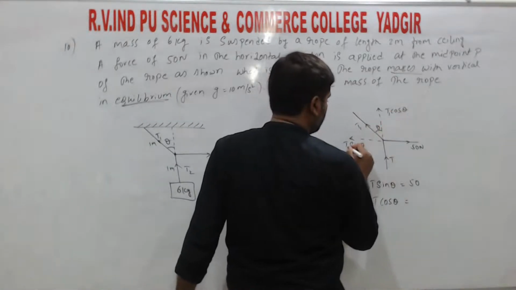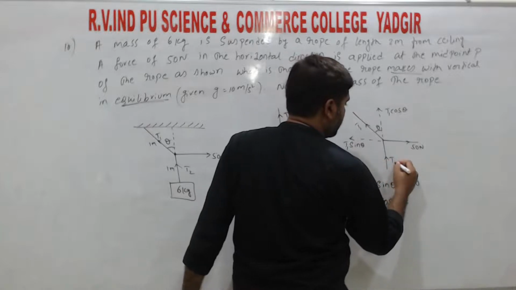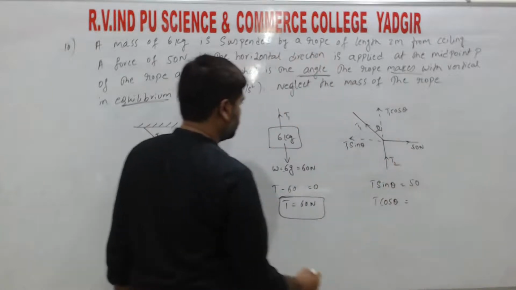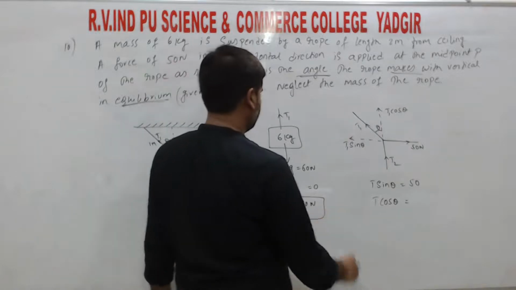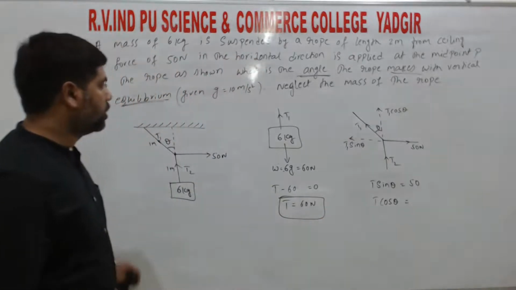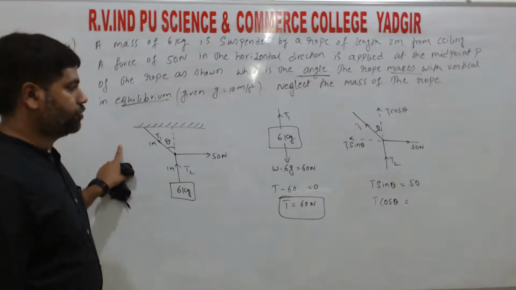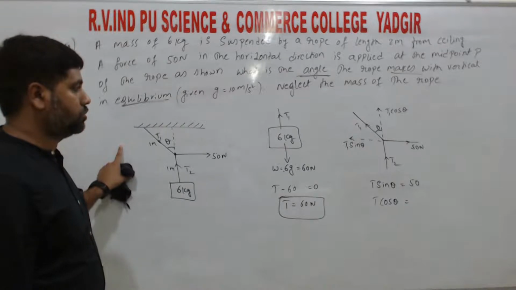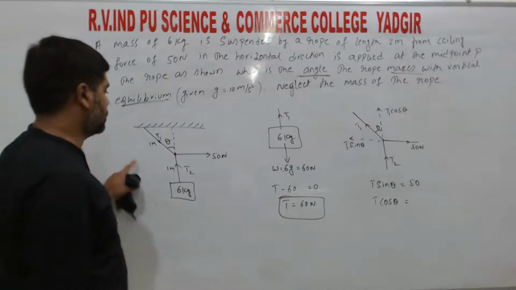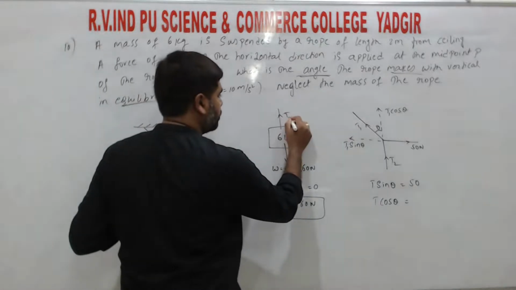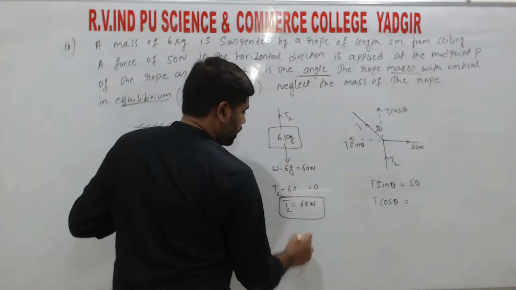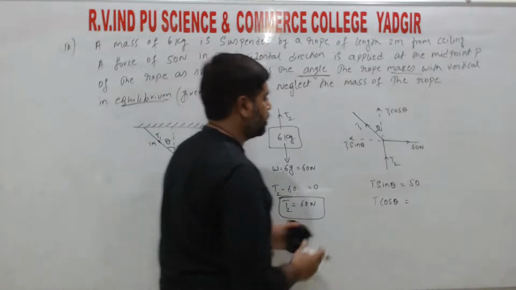T1 cos theta, T1 sin theta, T2. T2 is equal to 60 newton, right?